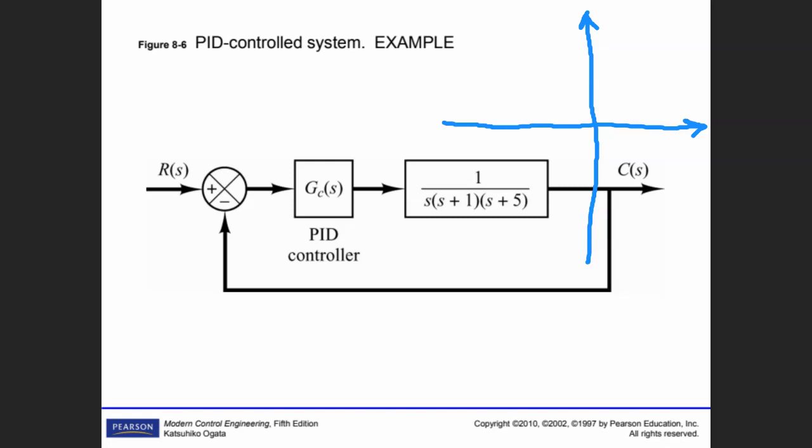One pole is at s equals 0, the origin. The other one is, let's say, -1, another pole. Another pole is -5. 1, 2, 3, 4, 5, somewhere around here, -5.